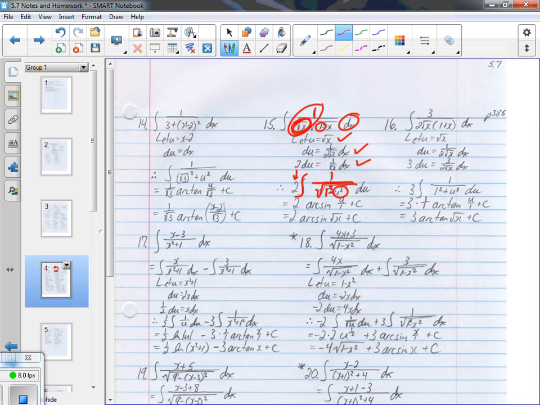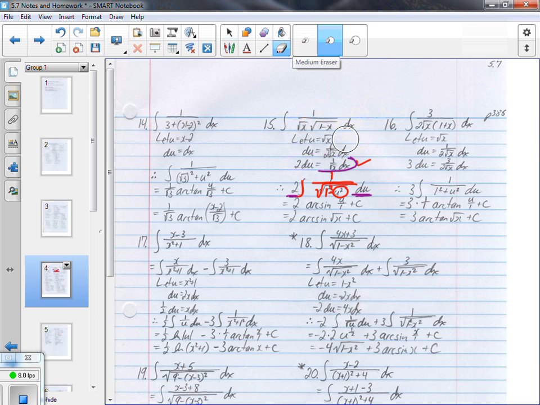And here's the part that makes this work, the 1 over square root of x dx, all that gets replaced by the 2 du. So, not really the way I thought it was going to play out, but that's the way it plays out. Arc sine instead of arc secant.